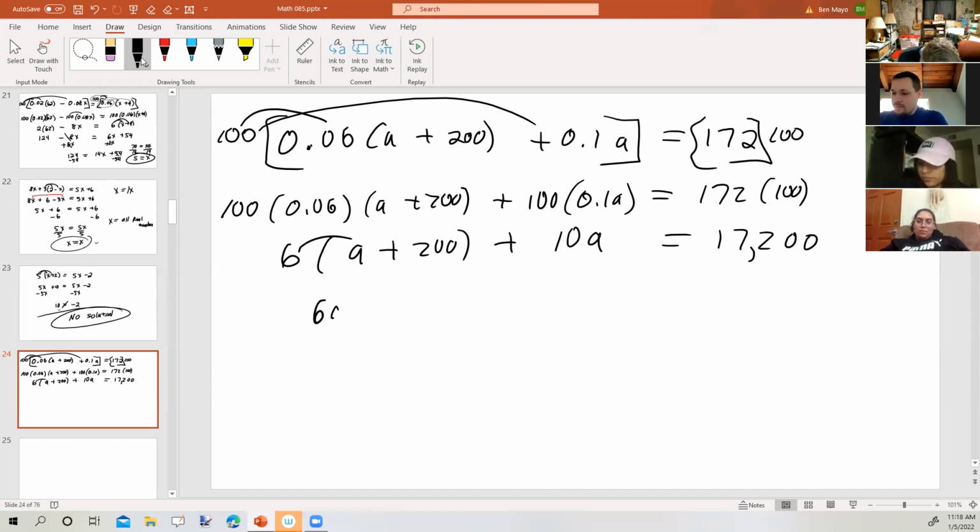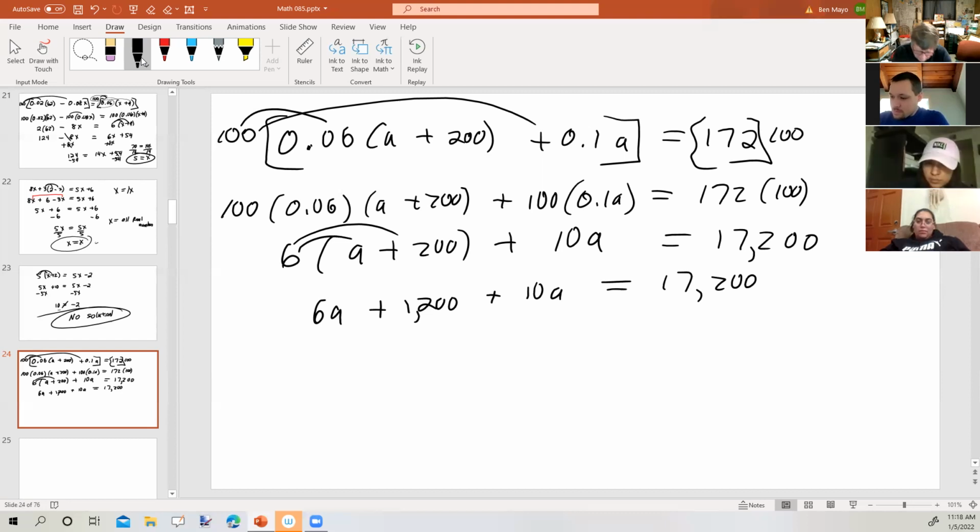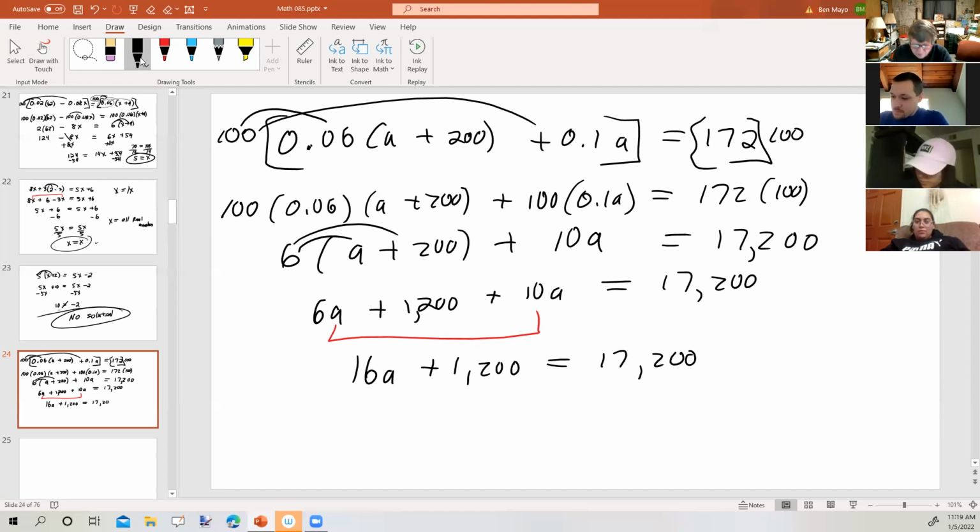Now I'm going to distribute: 6a plus 1200 plus 10a equals 17,200. We're going to combine like terms. 16a plus 1200 equals 17,200.